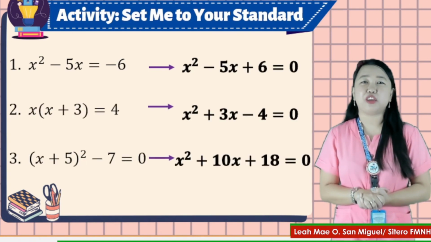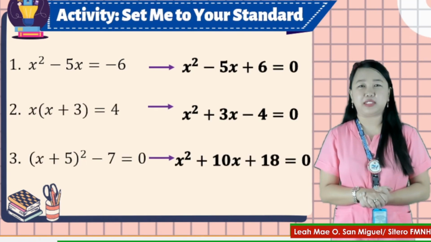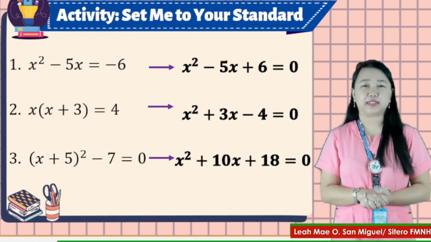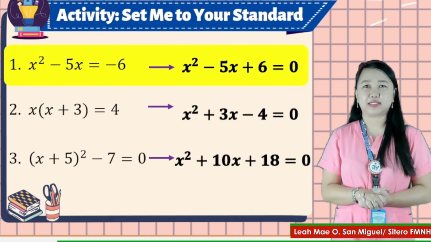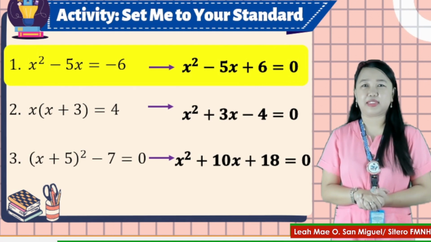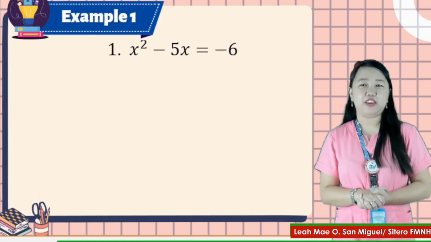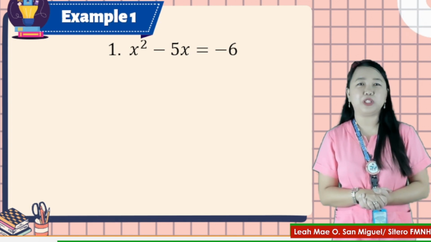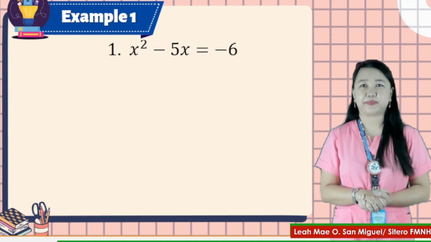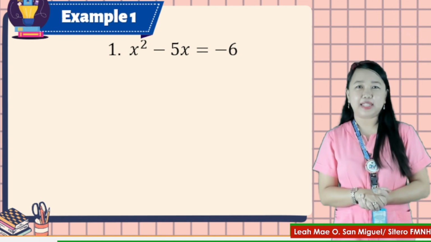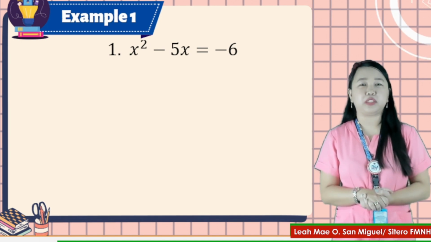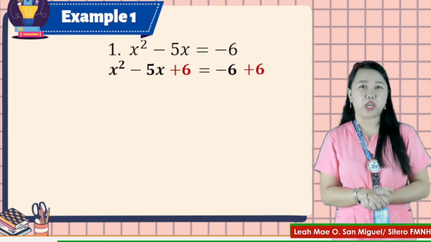Let us use the first equation in our activity earlier as our first example. The given is x squared minus 5x is equal to negative 6. To write it in standard form, we need to apply the addition property of equality by adding 6 on both sides of the equation.